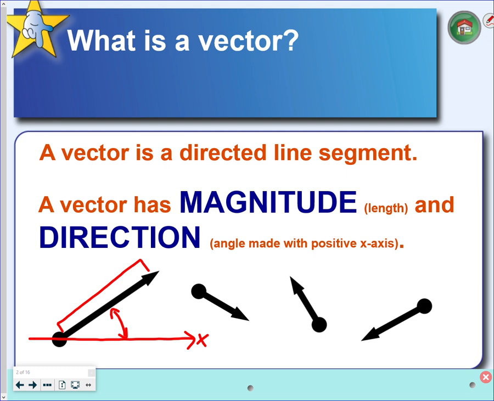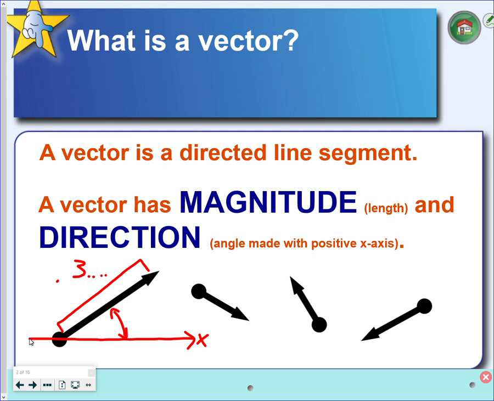Okay? So we could say that this first one has, I don't know, something like 20, 30 degrees north of x? And the magnitude would be, say, 3 somethings.